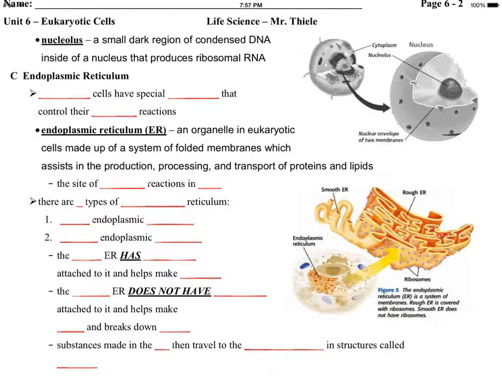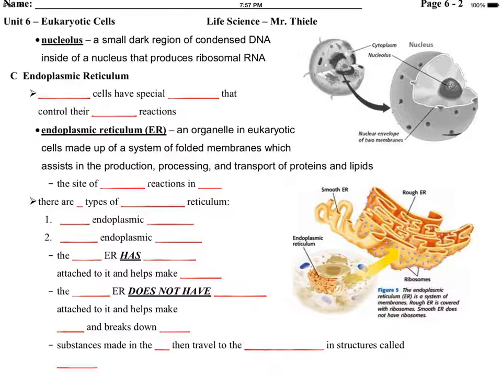And ribosomal RNA is a type of RNA that contributes to forming the structures of ribosomes that leave the nucleus and function outside of the nucleus in the cytoplasm to make all the proteins that the cell produces.